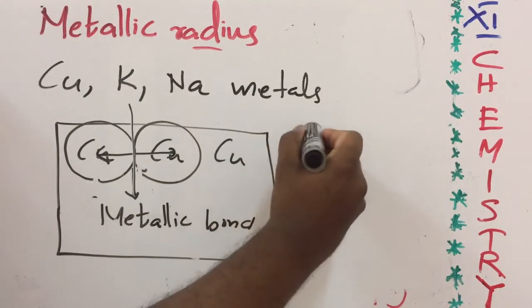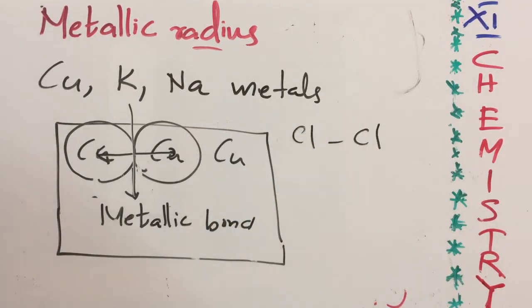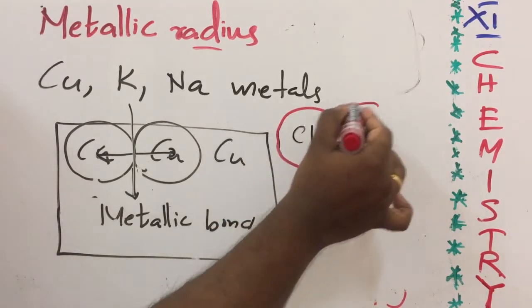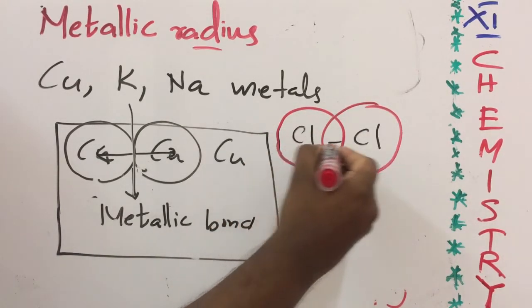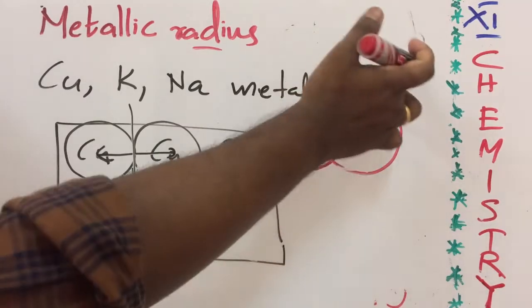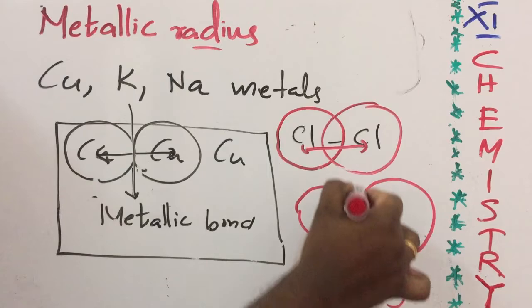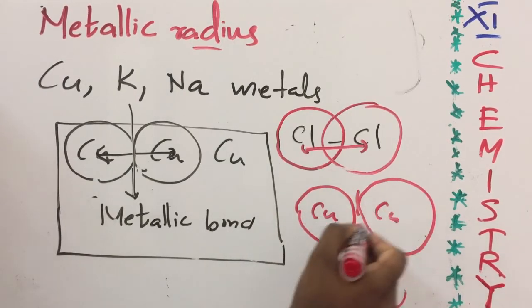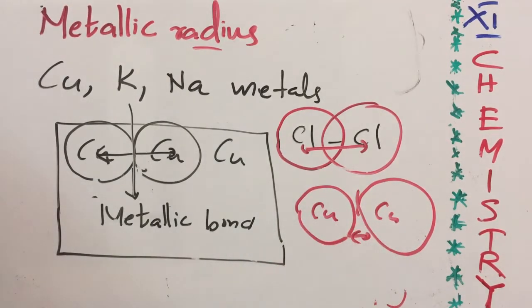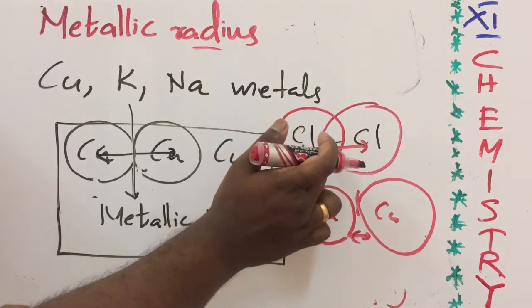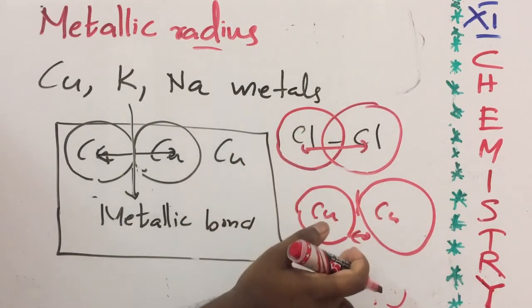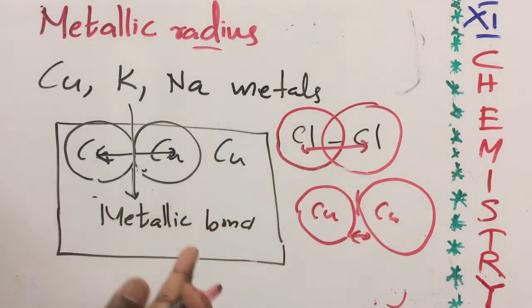So chlorine, see, chlorine is like this, with sharing, and half of this internuclear distance is the covalent radius. But in the case of copper, copper atoms are connected through metallic bond. So out of covalent and metallic radius, which is bigger?